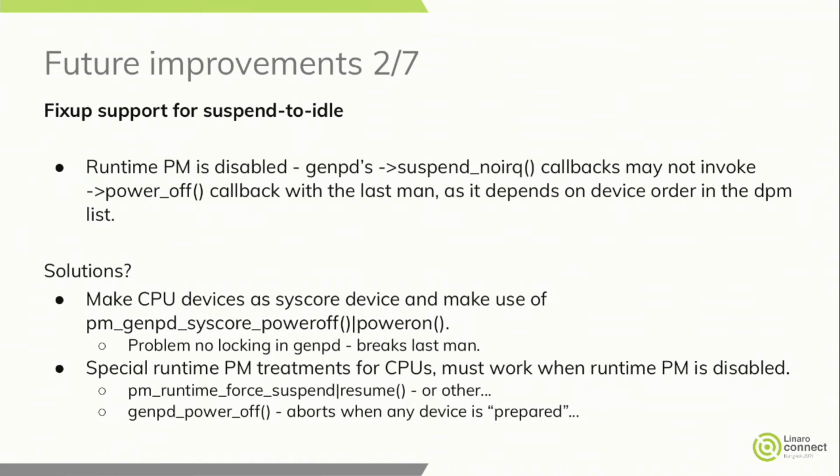In the normal cases, GenPD deals with this because it has its own internal reference counting for system suspend callbacks. But in this particular case, we have these per-CPU variables, and that's not something needed for the regular cases of devices in GenPD. So we need something else here to deal with CPUs.